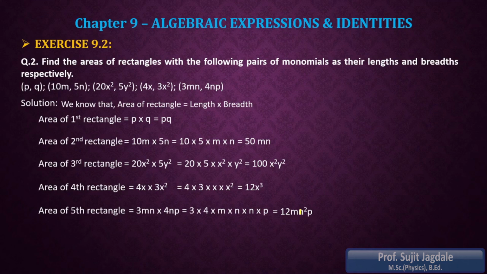If variables are repeated, take that variable as it is and just add the powers of that variable. So this is the product of monomials, where we had obtained the area of the rectangle by using the formula length into breadth.